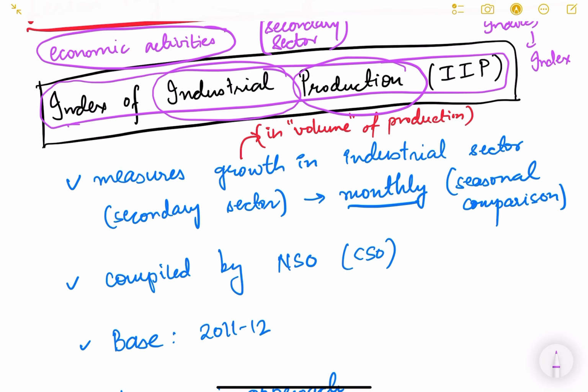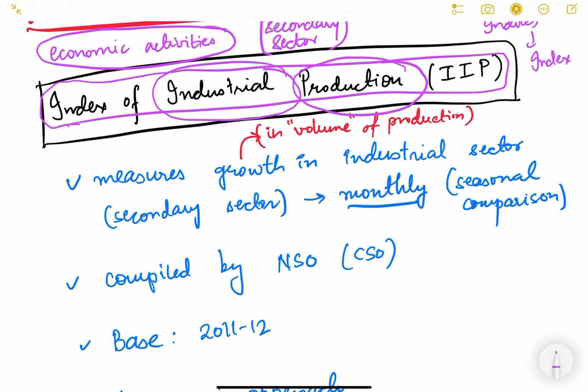The index of industrial production is also grouped by use type. For example, we will segregate industries based on how the goods are used. It can be basic goods, meaning very basic stuff like food, and so on. Then capital goods, which you already know, like machinery.